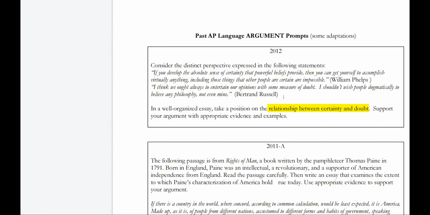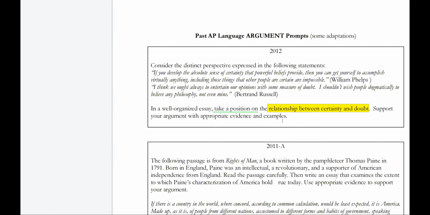But what kind of relationship, we don't know, because the question is asking us to take a position. So we need to indicate our opinion on this topic, the relationship between certainty and doubt. Let's focus on the first keyword right here, relationship.